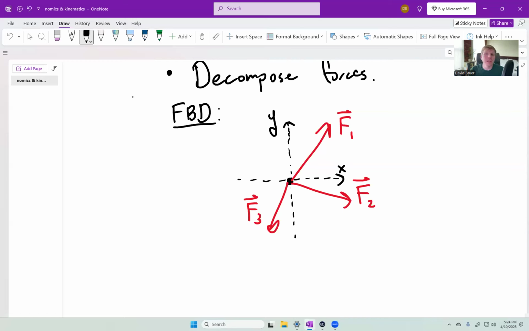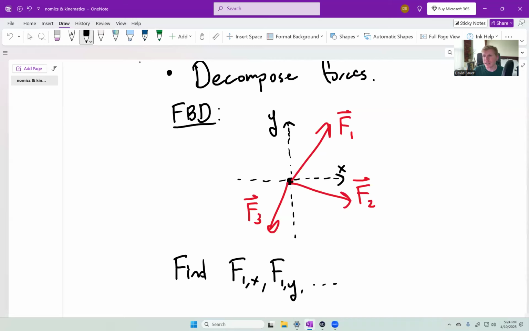And decomposing these forces like we talked about in the vectors video, I would draw right triangles for each of these forces and figure out the x and y components. So I'd get F1x, F1y. I'm not going to write out all the components, but you get the idea.